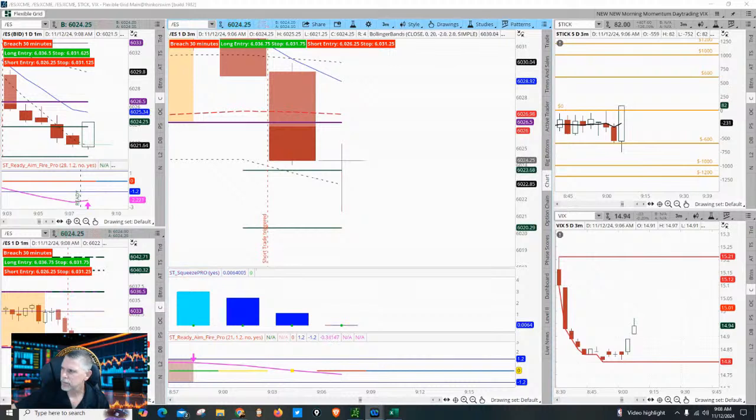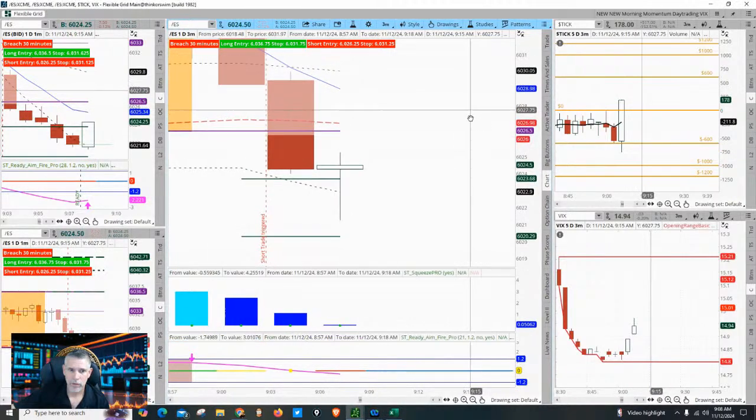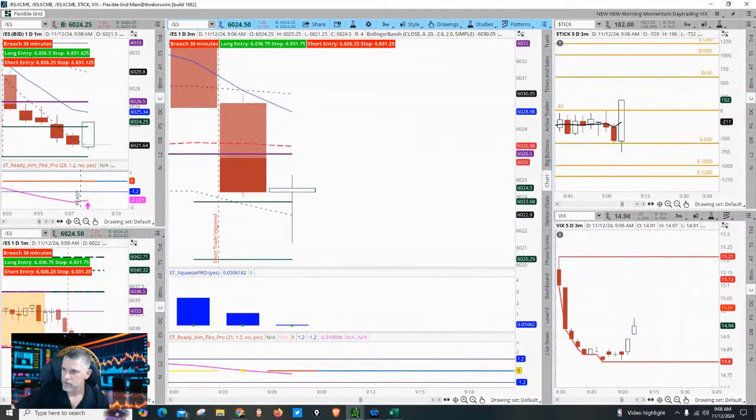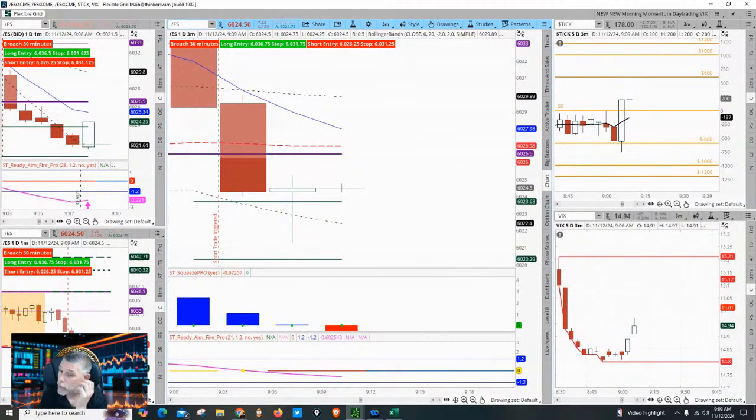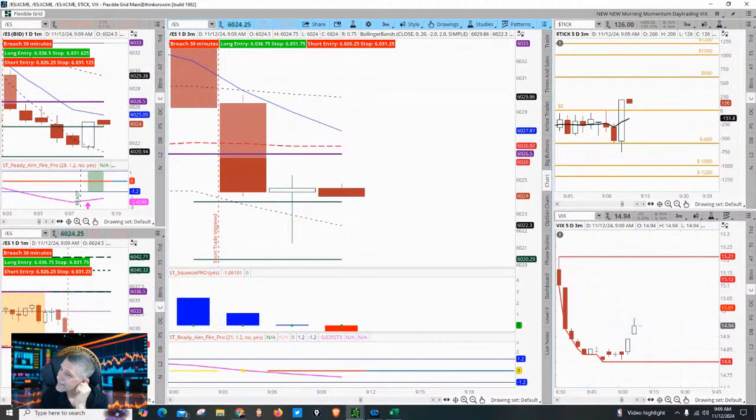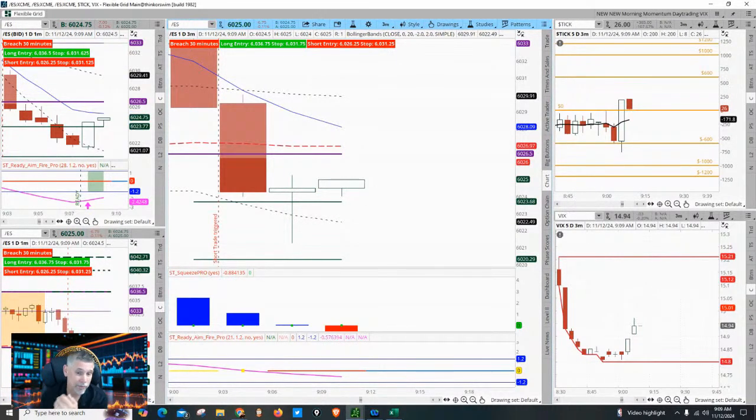That's interesting, right? Again, just kind of noticing that. It's not going to keep me from taking a trade, but it's interesting, right?